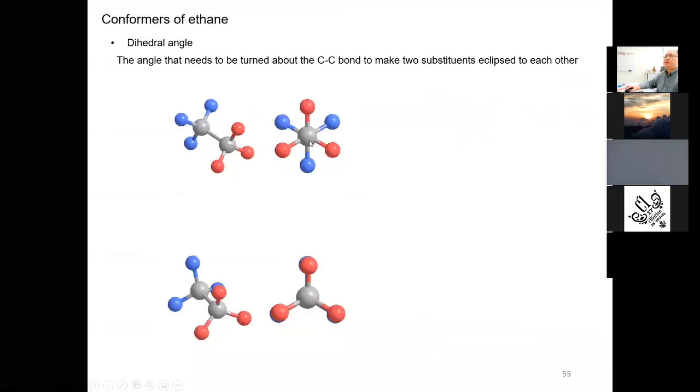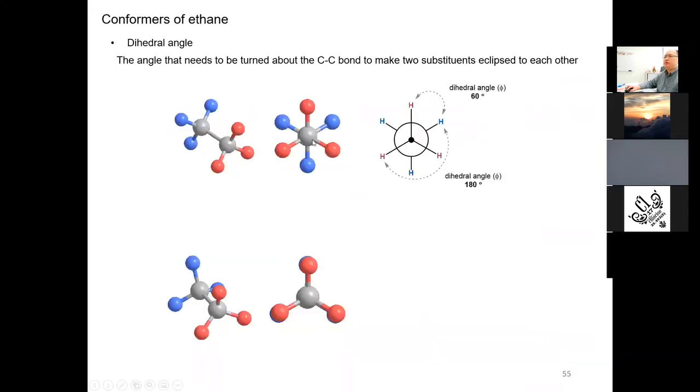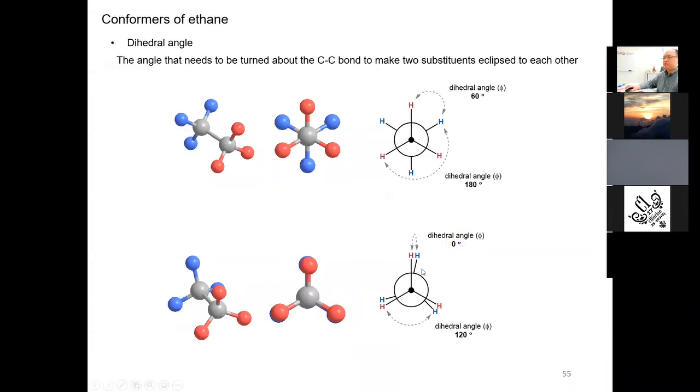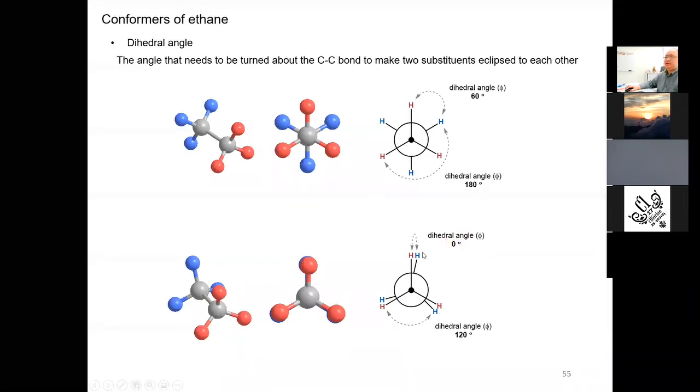For those 2 extreme conformers, for example, this one is 60 degrees, and the blue one and the red one are 180 degrees apart. But for the eclipsed, the dihedral angle is 0 degrees. So you don't need to turn any sigma bonds to make them eclipsed, because they are already eclipsed.